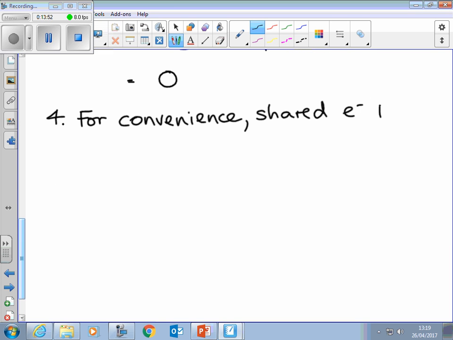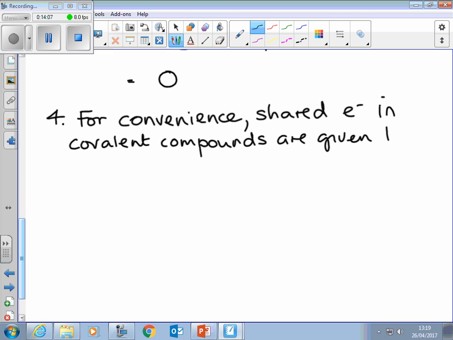So shared electrons in covalent compounds are given to the more electronegative element.